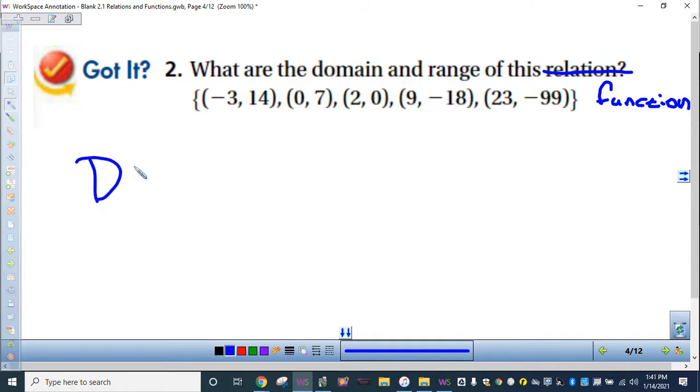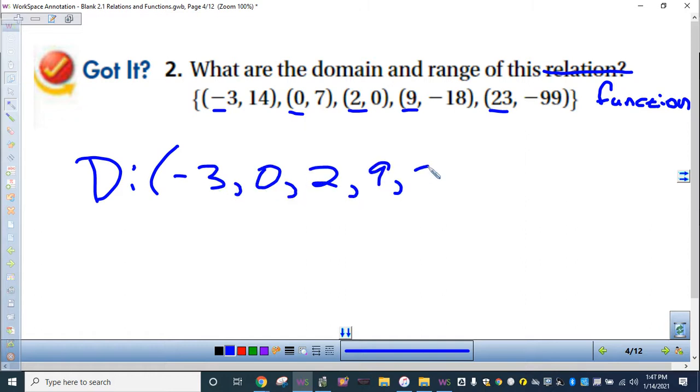All I do is make a big fat capital D for domain, and then list them off, least to greatest, no repeats. There are no repeats, so it is a function, and they're already listed in that least to greatest order. So -3, 0, 2, 9, 23. Boom.